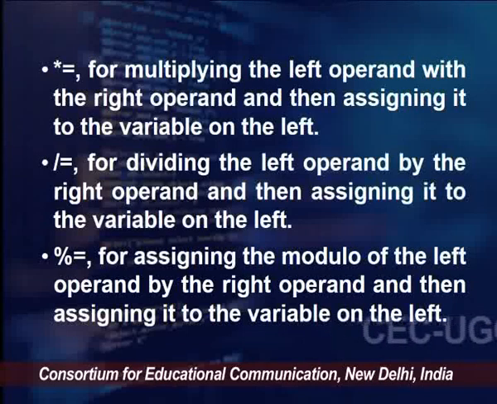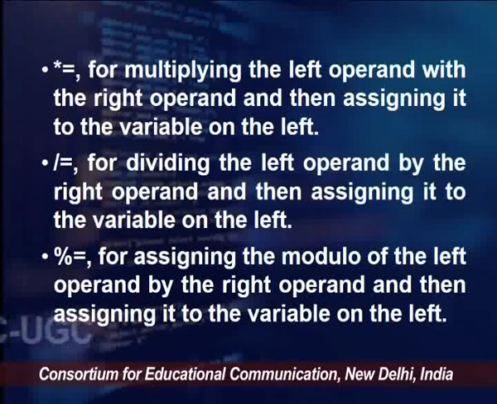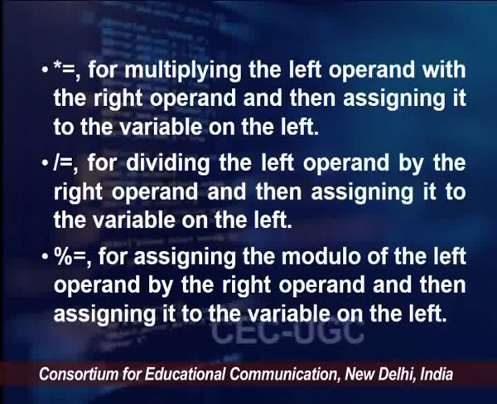Similarly, we can do it for the modulo operator, that is for assigning the modulo of the left operand by the right operand and then assigning the value to the variable on the left.